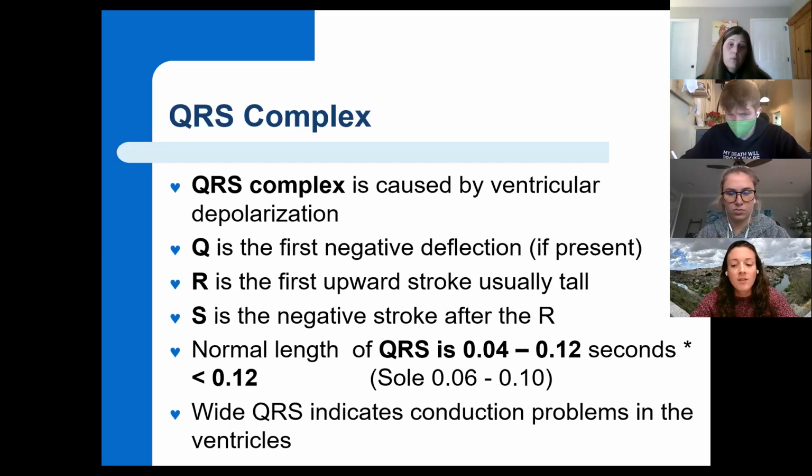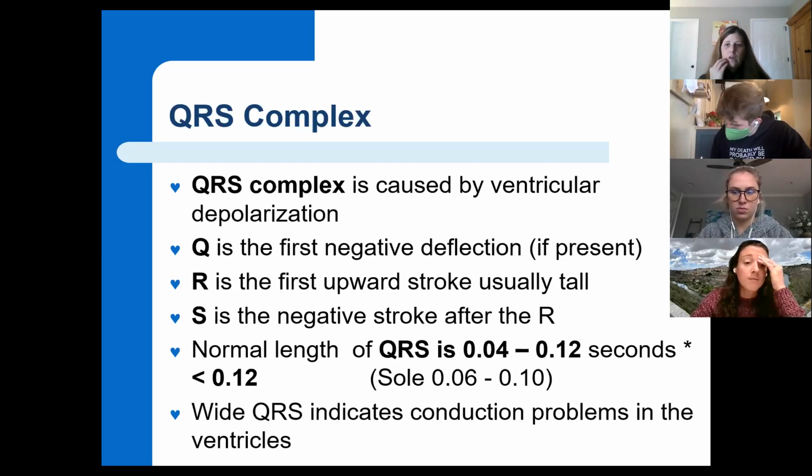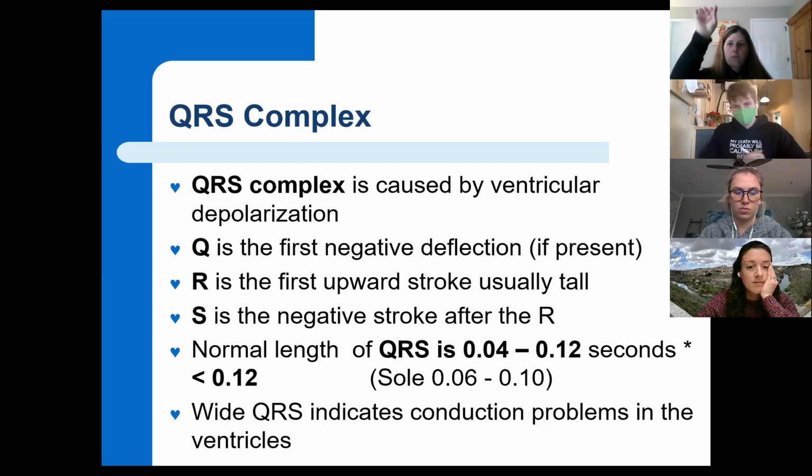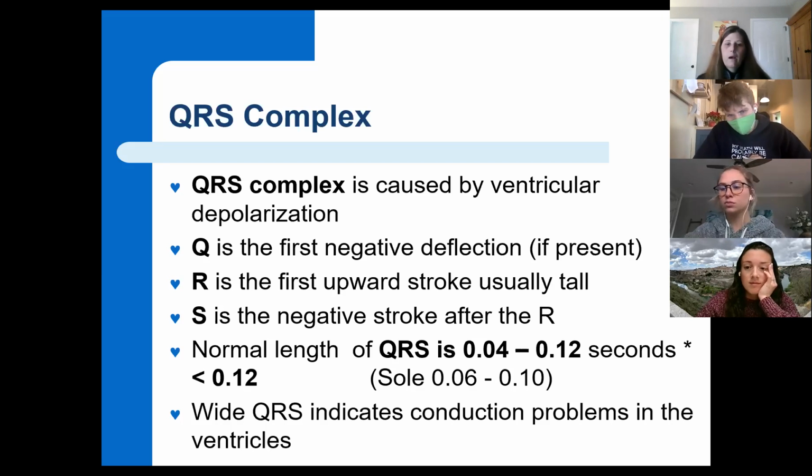They might have COPD. Those are all things that could change the size and shape of the QRS complex. Again, you don't always see that first negative deflection on that Q. Sometimes you just see it go off the isoelectric line, straight up, straight back down, like a witch's hat, or even tighter than that.